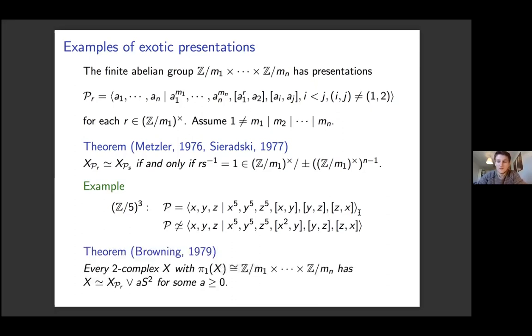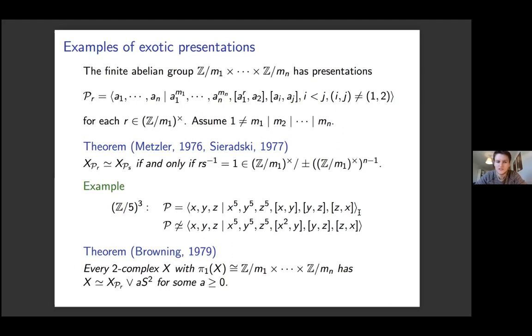Okay, and there's another theorem, which I'll mention, from Wesley Browning in 1976, which is that every 2 complex whose fundamental group is finite abelian is homotopy equivalent to one of these presentation complexes wedge a number of copies of S2.